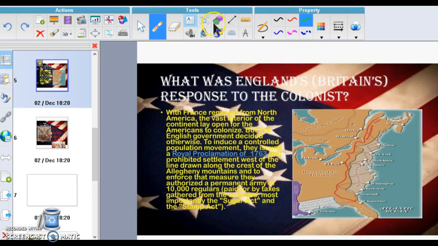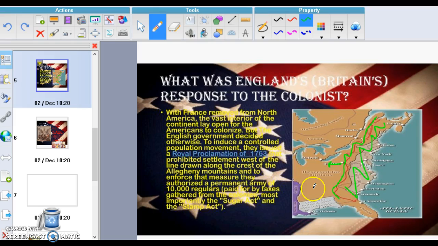So what we see here is we're going to continue to use lime green. This red line, which I am outlining with my lime green line, is everybody paying attention? Very good. And then we're going to shade in this particular area right here. So it said that even though France was defeated by Britain, the colonists had access to all of this land west of the Allegheny, today known as the Appalachian Mountains, but they wanted to control the population.